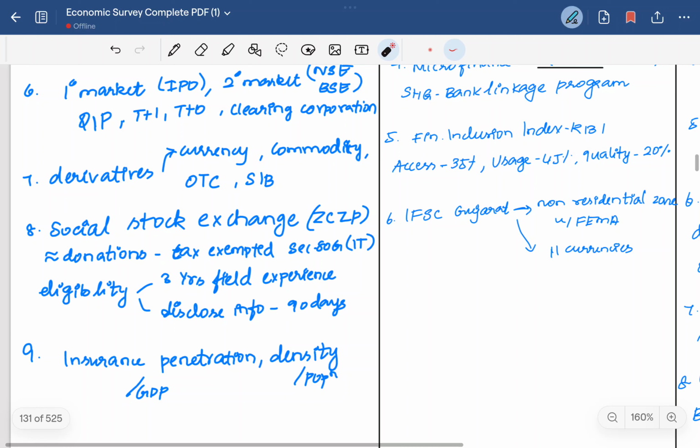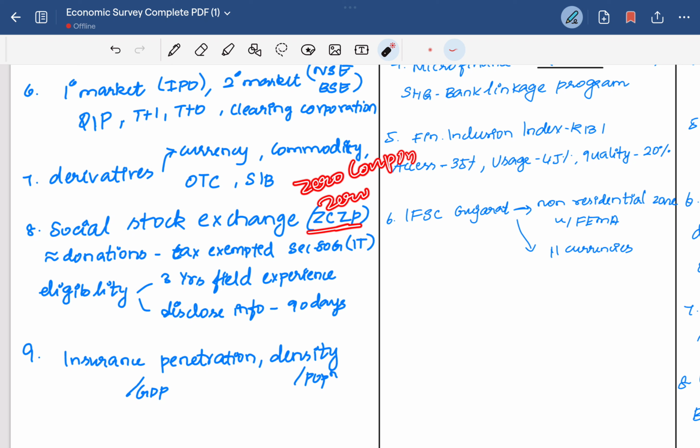Then the social stock exchange. Unlike the normal stock exchange, here it is for the social good, for people who are putting their money into social causes. They are called zero coupon, zero principal instruments.